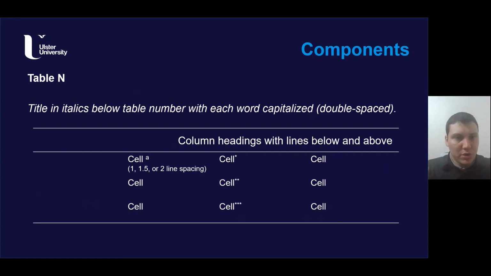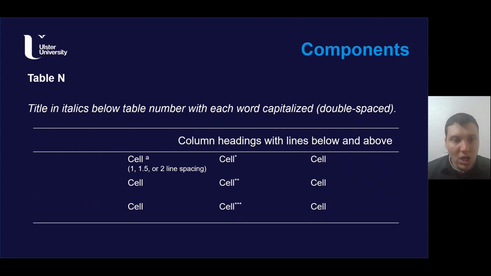We always have to mark the very first border, the top border with a line, and the very bottom, the last line of the last border of all in the table needs to be marked with a line. And below the headings, separating the headings from the rest of the body of the table, you need to mark that line. So these three lines that you can see on this slide are the three lines you have to have in your table.